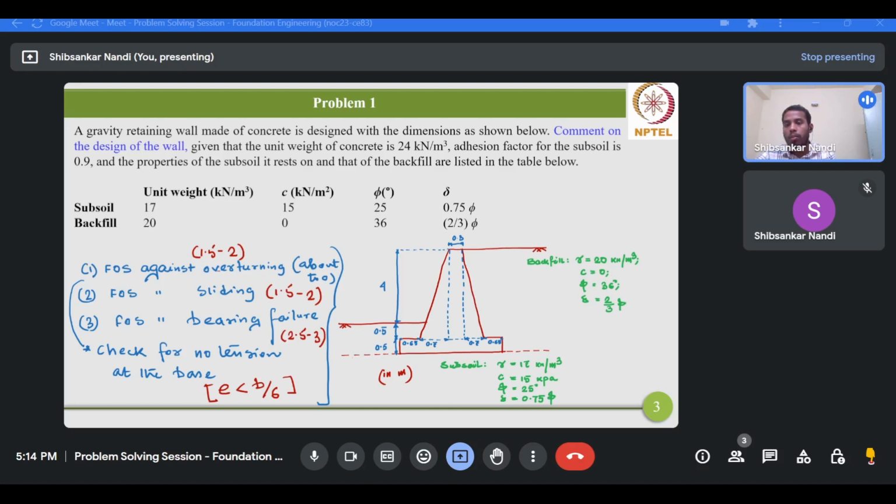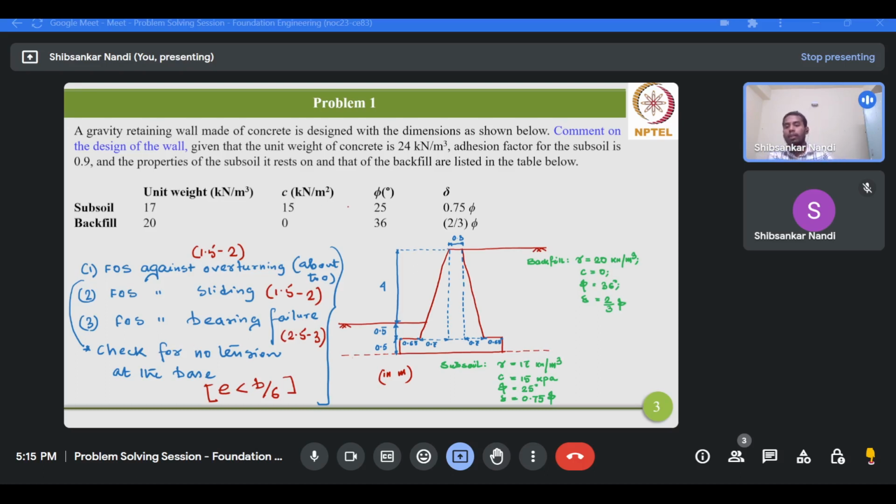And this factor of safety against overturning, we have to check about the toe of the wall. So this is the toe and this is the heel. Then factor of safety against sliding. Then thirdly, factor of safety against bearing failure. And finally, check for no tension condition at the base.